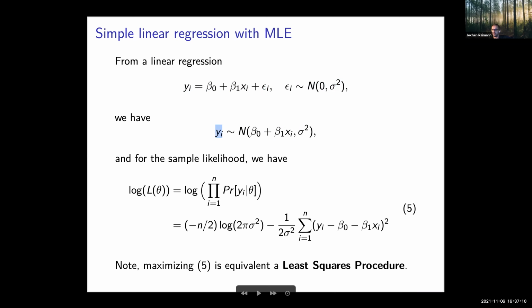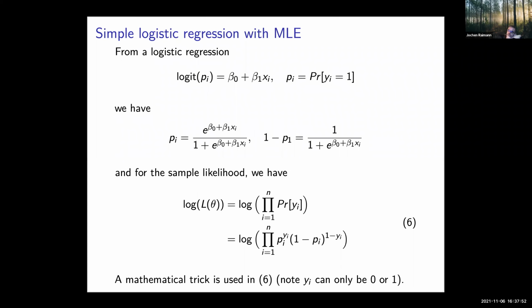Yi again transforms here into beta 0, which is our intercept, plus beta 1 xi, around the variance of sigma squared. So the log likelihood is again the product of all probabilities for your estimated yi, and essentially again follows the same distribution. The maximization of 5 is essentially equivalent to a least squares procedure, where you want to minimize the differences, and the formulas are equivalent.